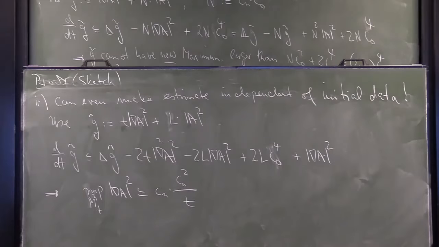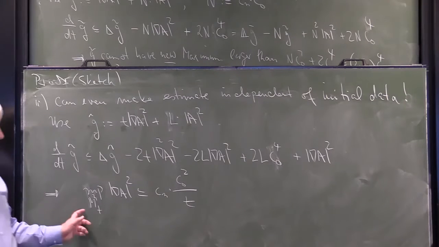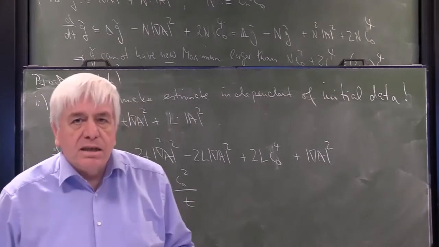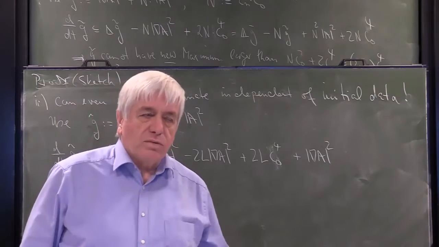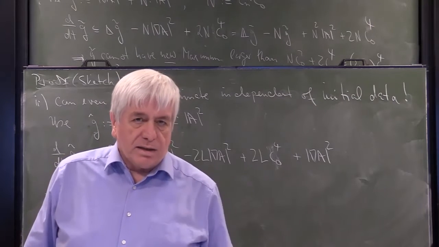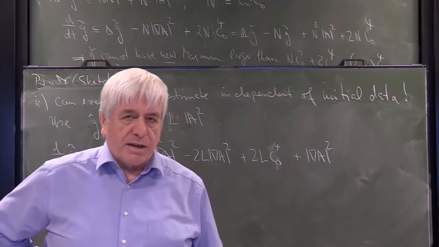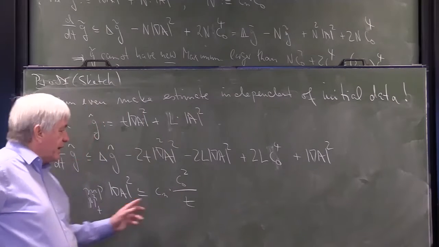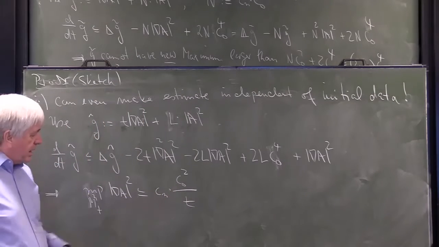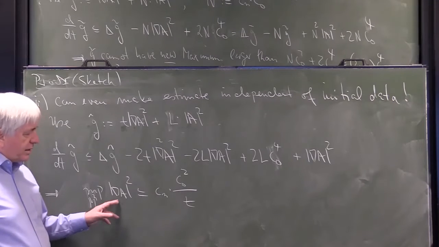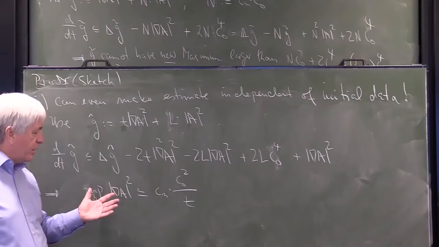And this is, of course, an estimate which is not so good for small times. So our other estimate is valuable if you know that initially the gradient of the second fundamental form is bounded, then you get a better estimate for short times. But this gives you an estimate for later times, which is completely independent of the initial data. It only uses the fact that the initial data had bounded curvature.